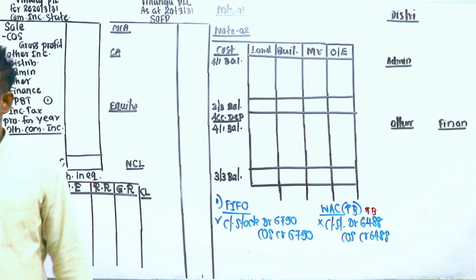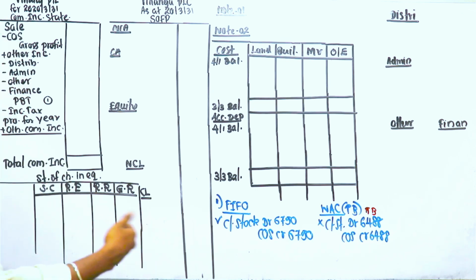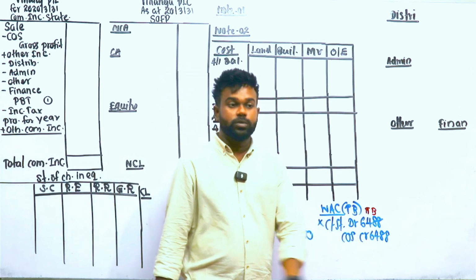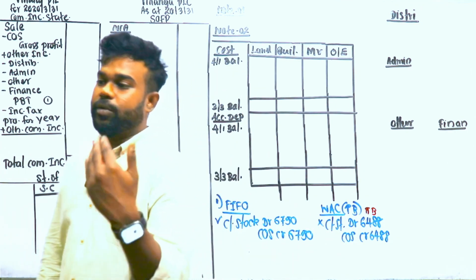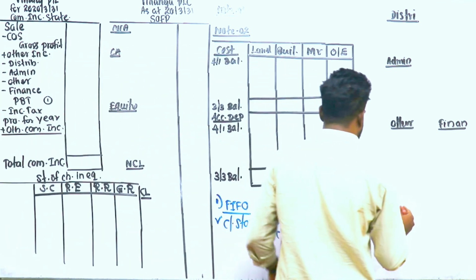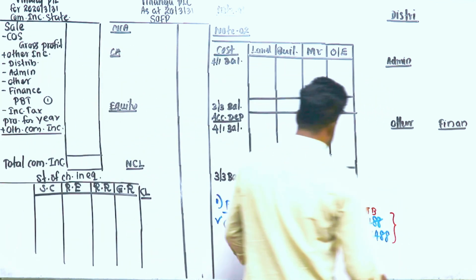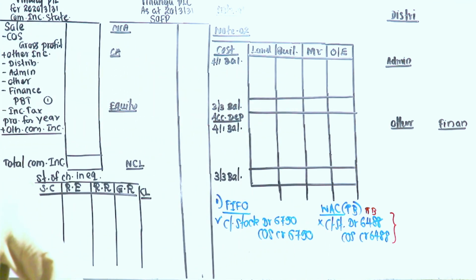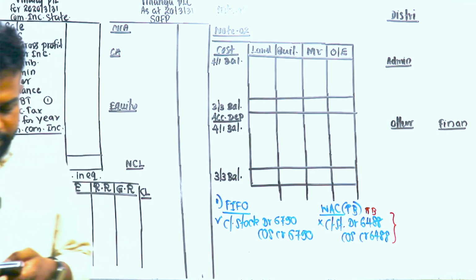Clear? So what's the difference? The actual value is 6,750 but recorded 6,488. Comparing these two, can you tell me the correction entry? What's the difference? Please use the calculator.